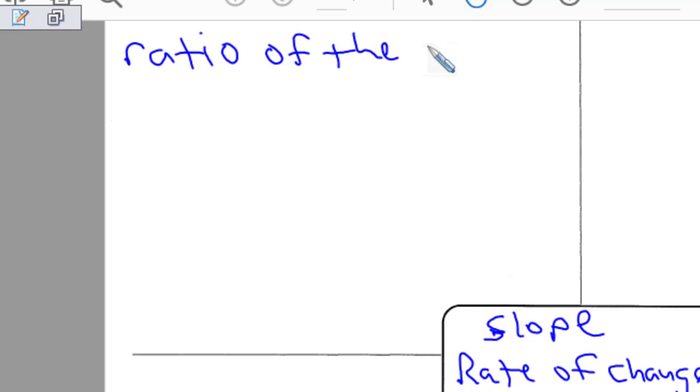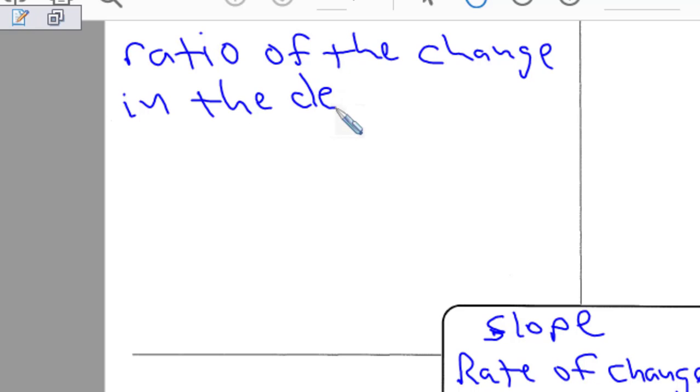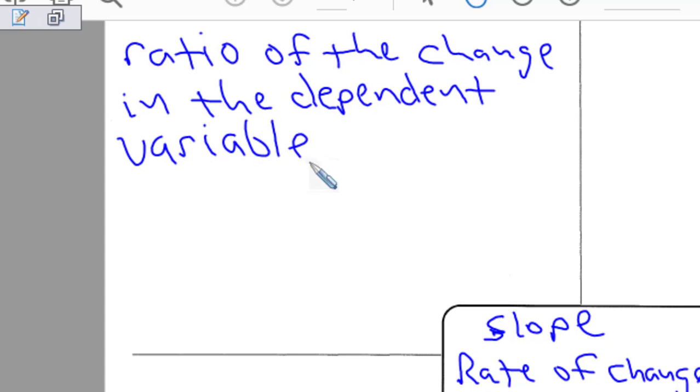It's the ratio of the change in the dependent variable to the change in the independent variable.